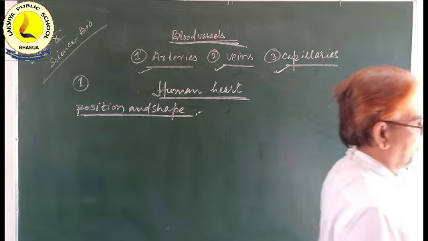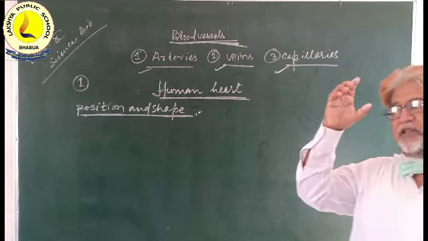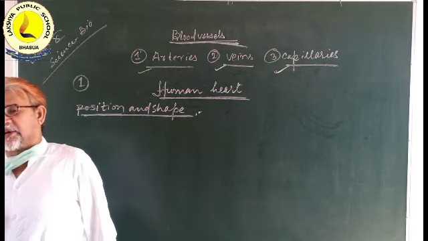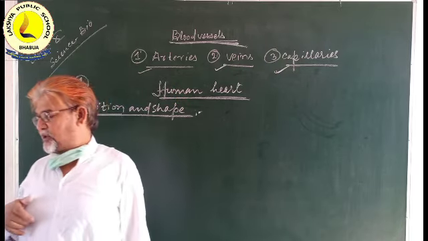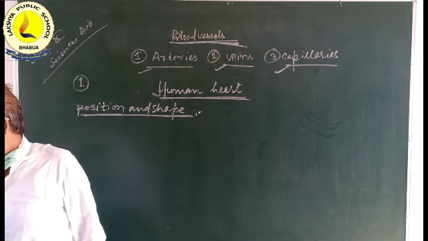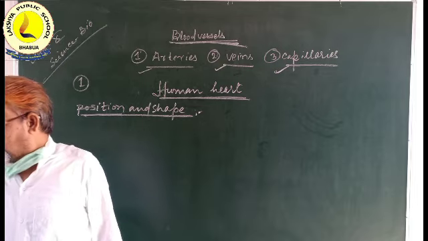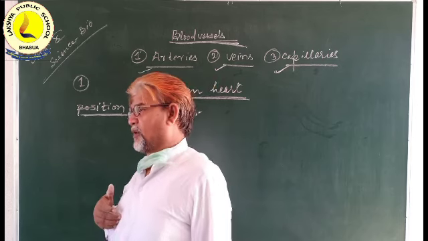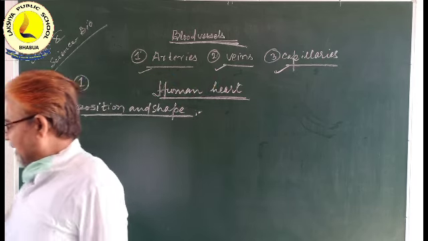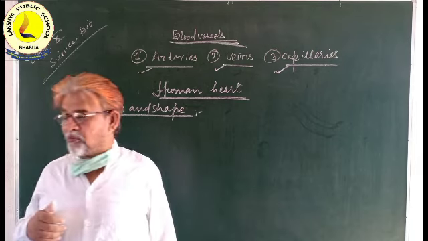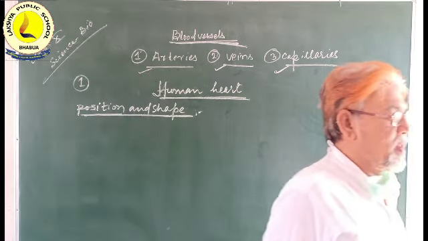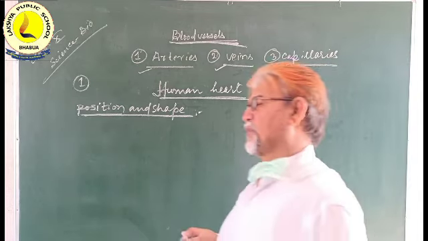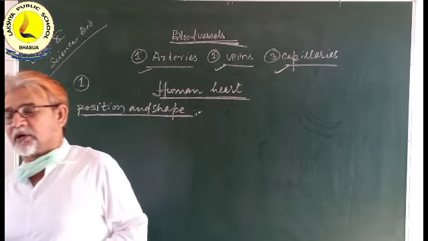It is the size of a closed fist and is present slightly on the left side of the thoracic cavity, with its apex pointing backward and downward about 9 centimeters to the left side, and it is the pumping organ. It pumps the blood and receives the blood. It pumps the oxygenated blood and receives the deoxygenated blood regularly.